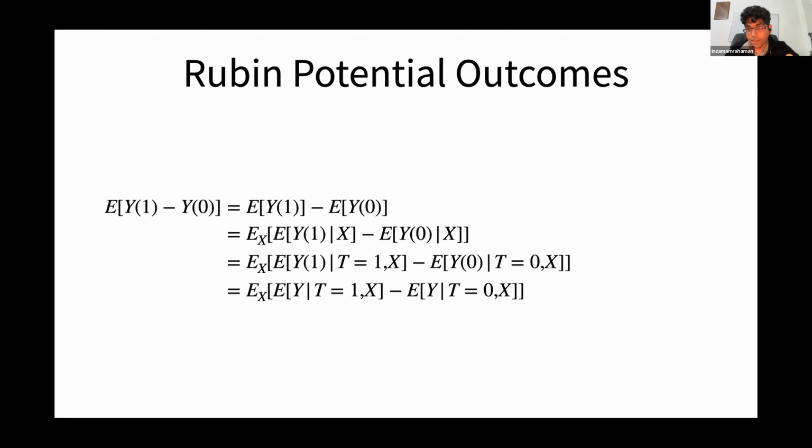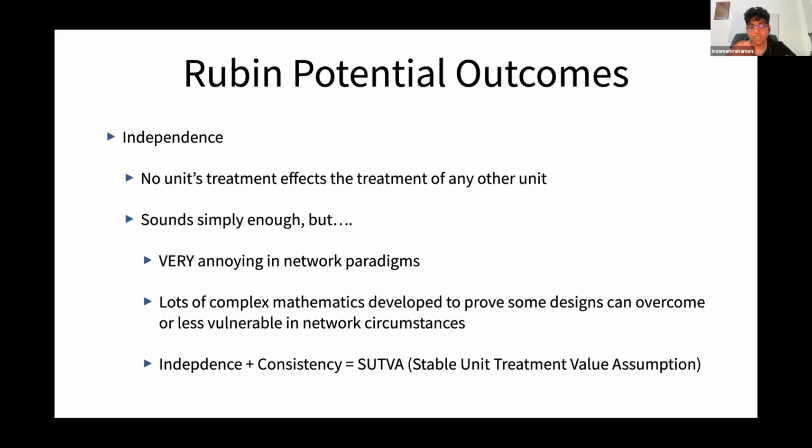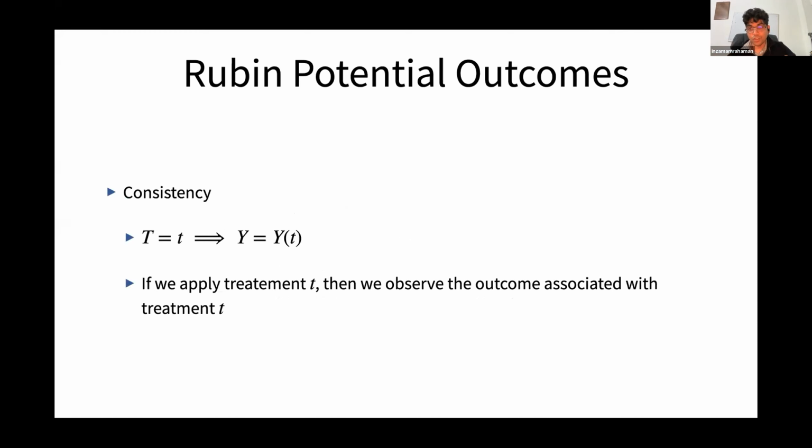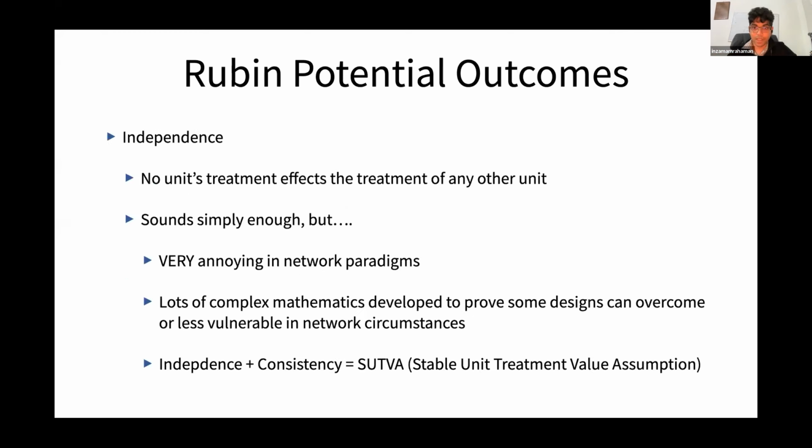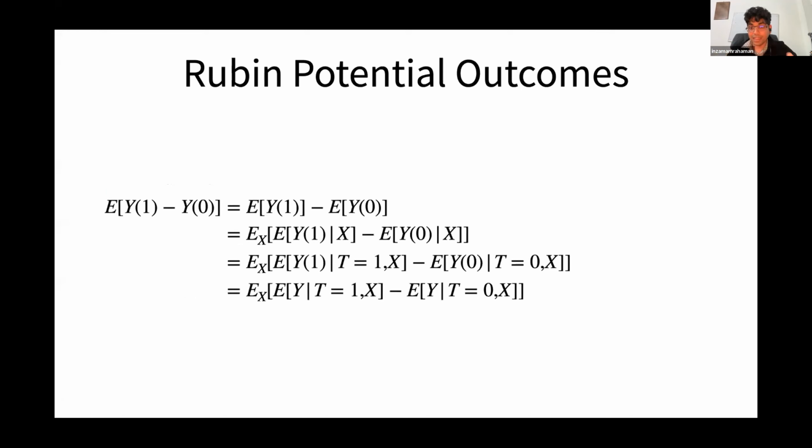Then you use independence, positivity, and exchangeability, and you get that third line there. And then lastly, when you use consistency, right? Because remember, that's where we get the outcome associated with the actual treatment. We expand out to that last line there.